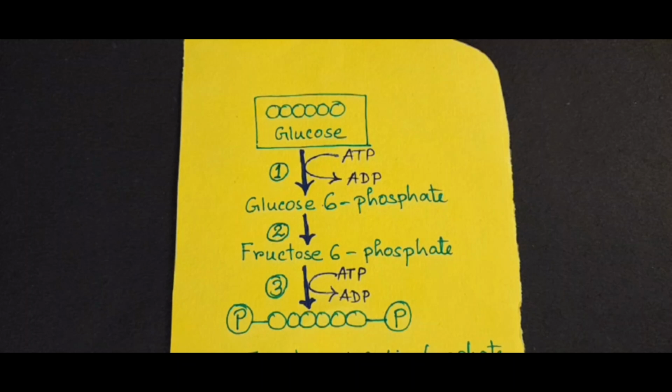Energy requiring phase. In this phase, the starting molecule of glucose gets rearranged and two phosphate groups are attached to it.